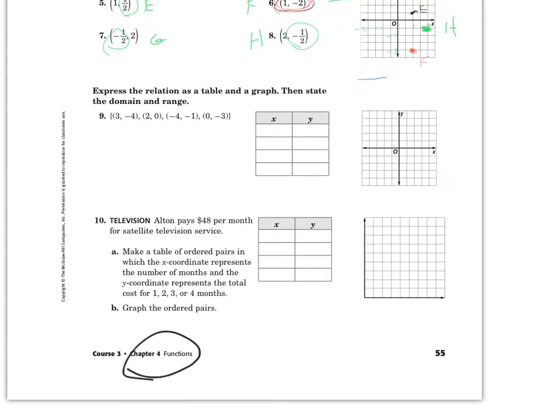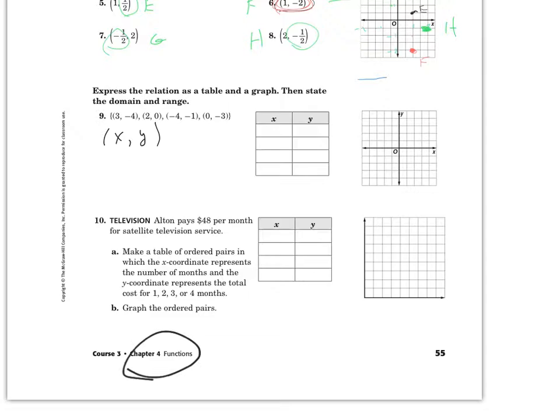Number 9, express the relation as a table and a graph, then state the domain and range. So for the table portion, we want to understand, again, that each of these x, y coordinates are an ordered pair that go into the table and they go into the graph.